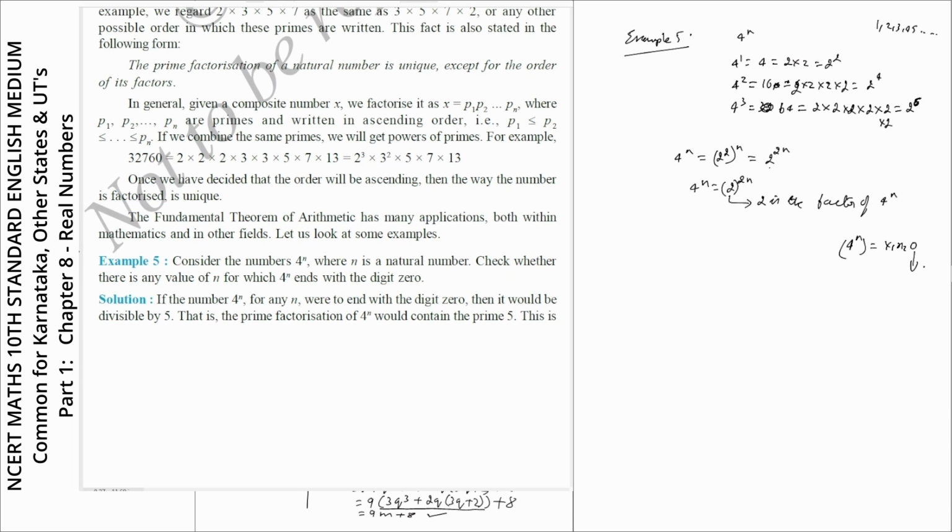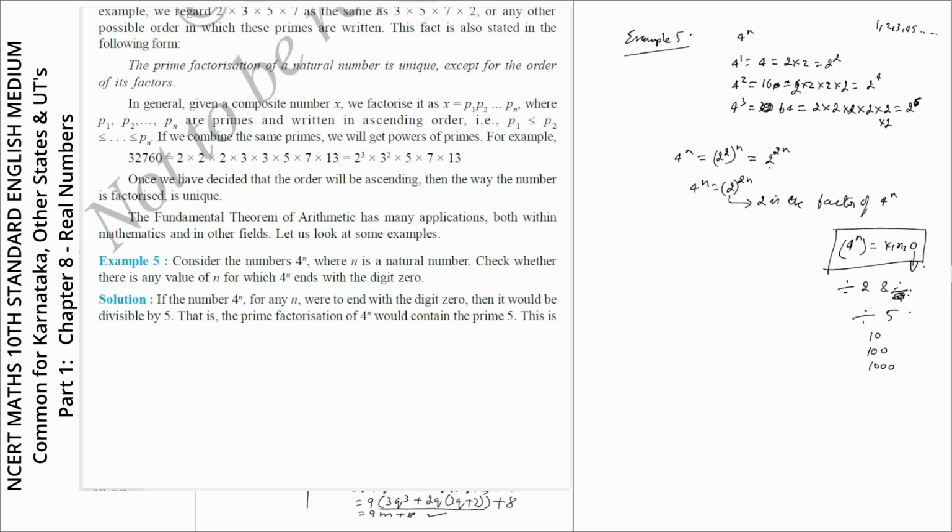So if 4 to the power of n has a 0 in the units place, then it is divisible by 2 and also divisible by 5. For example, 10 is divisible by 2 and 5. Again 100 is divisible by 2 and 5. 1000 also is divisible by 2 and 5.